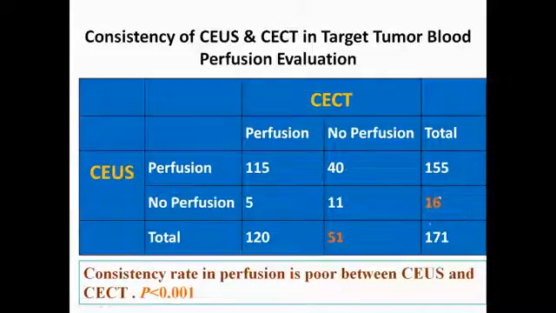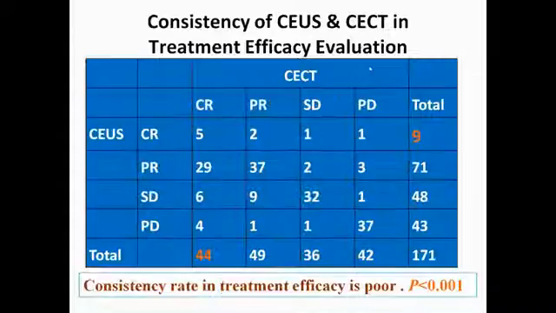I trust the contrast ultrasound, because for all patients we have the pathology diagnosis. We can find viable tissue inside the tumor. So the consistency rate in perfusion is very poor between contrast CT and contrast ultrasound.